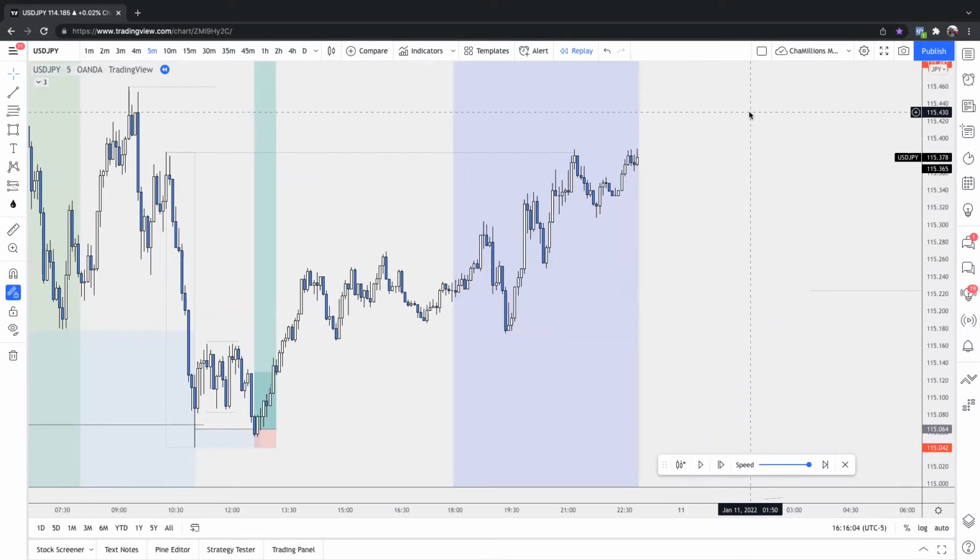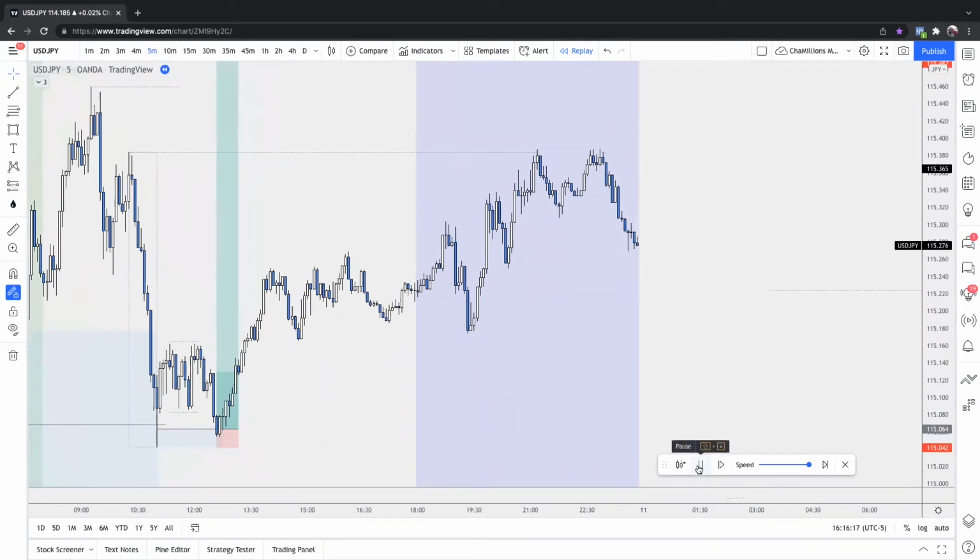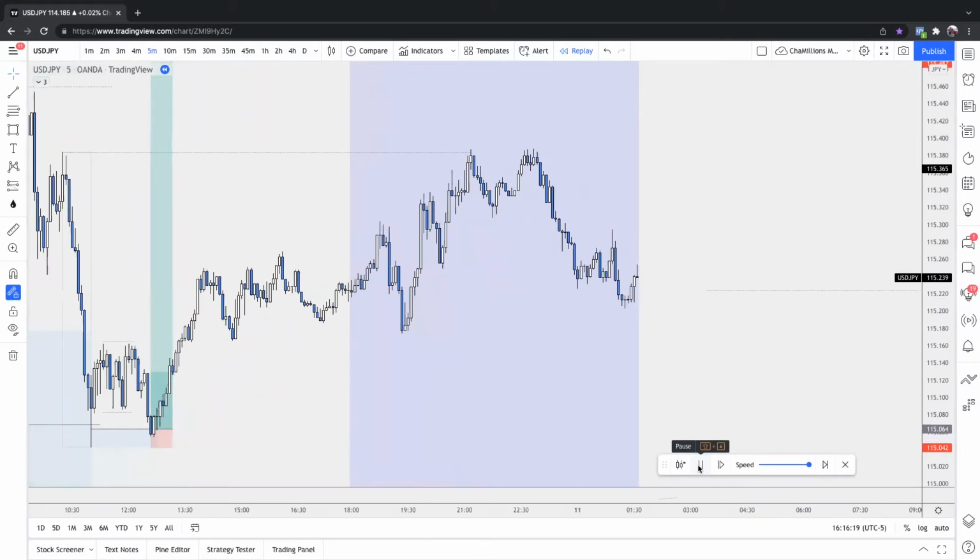So everything creates intention. It's like a cause and effect. This is your cause, and then obviously your effect, the effect being the higher low created during Frankfurt.